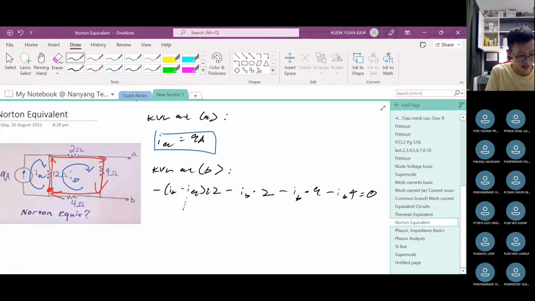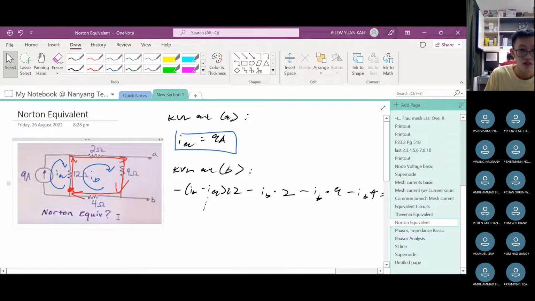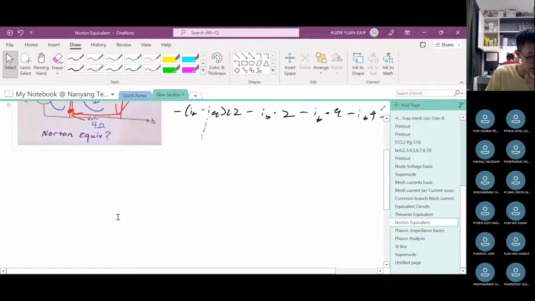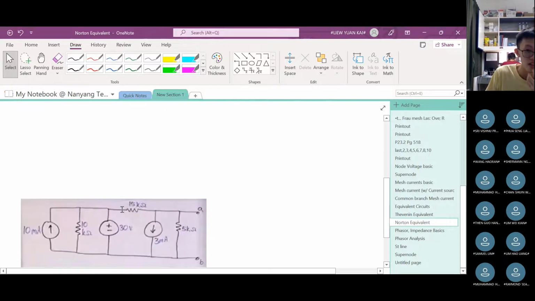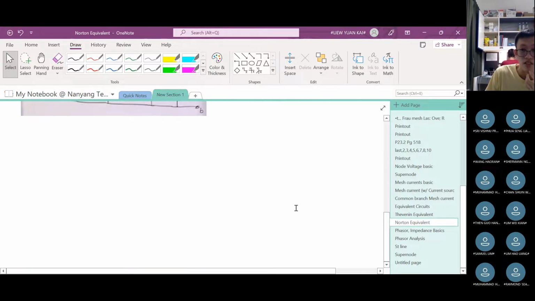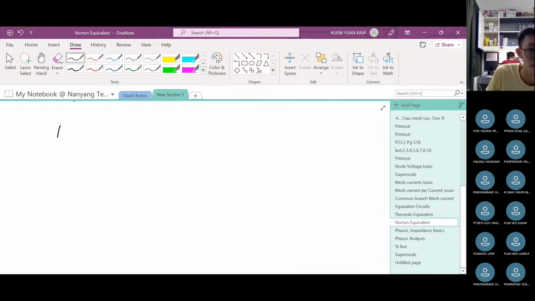If you expand and simplify, let me check my working. Oh, wait, I did a different question. Sorry. Hold on. The working that I prepped was for this different question. Let me just draw this out.